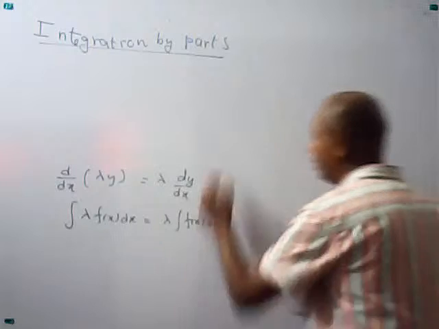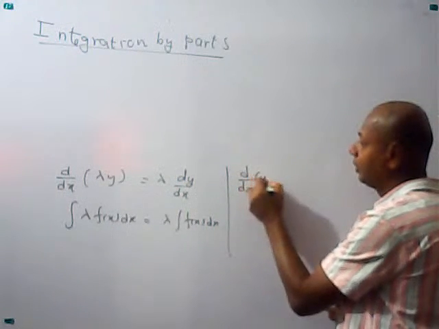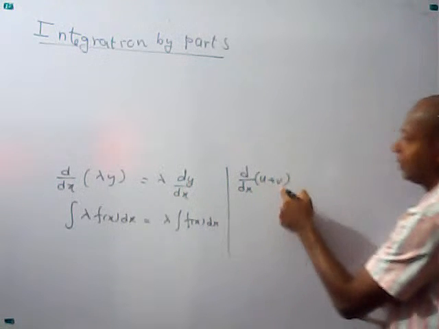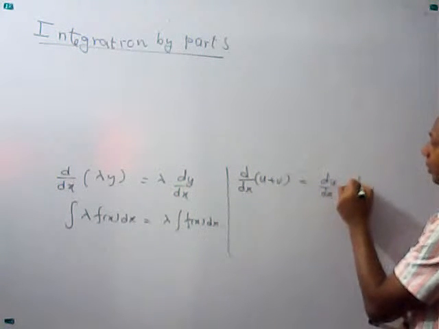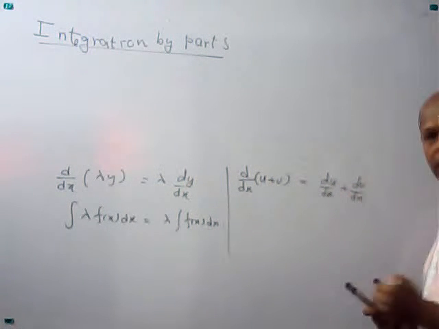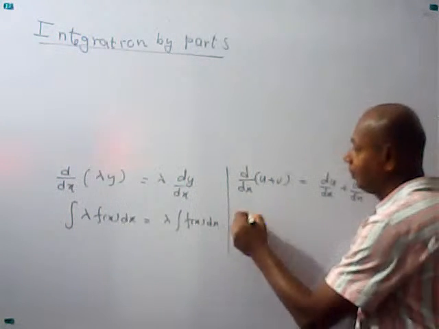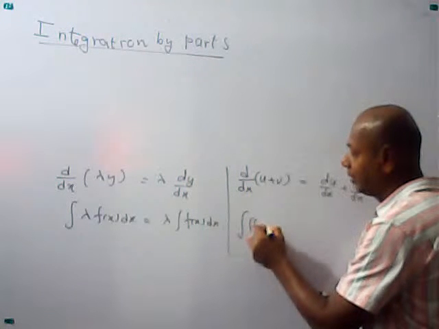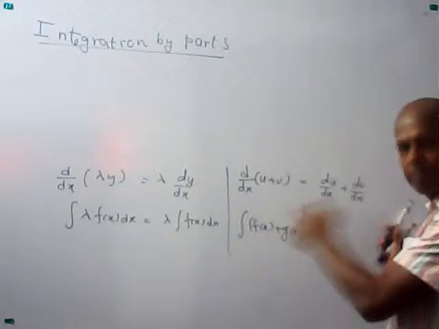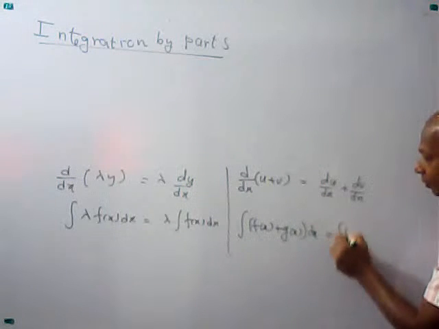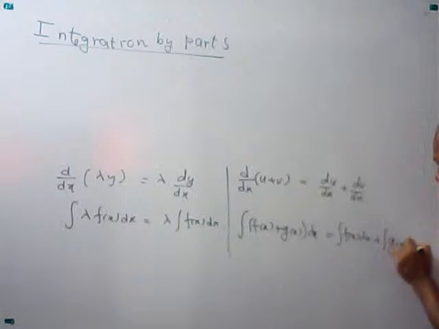Then we learned another rule in differentiation: d by dx of u plus v, addition of two functions, is equal to du by dx plus dv by dx. Right? Using this, we derive a rule for integration which says integral of f(x) plus g(x) dx is equal to, you can break it into two parts, integral of f(x) dx plus integral of g(x) dx.